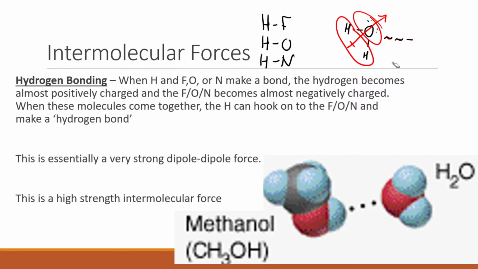It's just a sort of positive. I don't really have a good way of showing that it's more sort of negative, so I just put an extra little squiggly. But these three bonds are the most polar bonds. And so you end up with a very strong dipole, which then when it connects to other dipoles is an even stronger attachment than a regular dipole-dipole interaction.